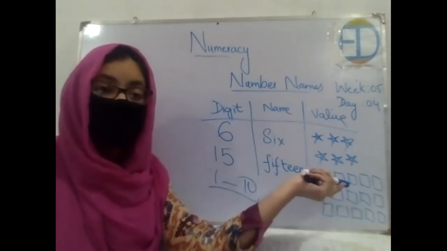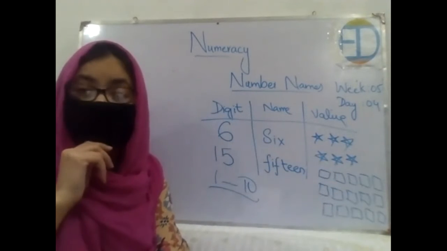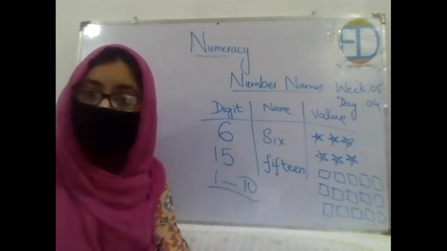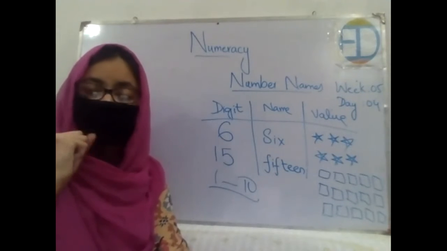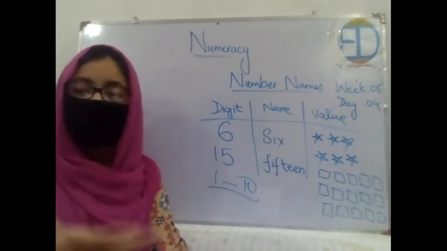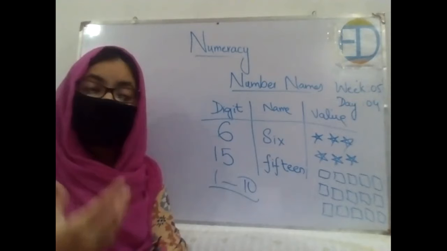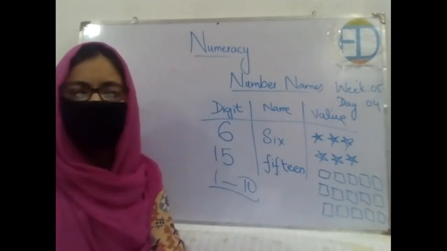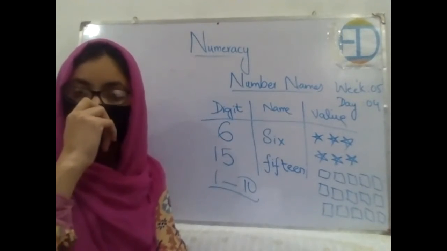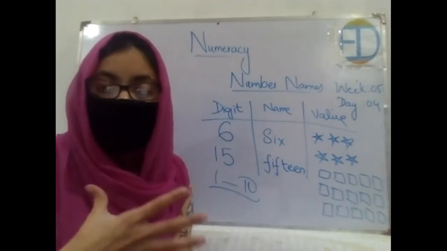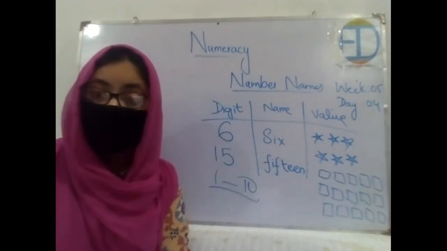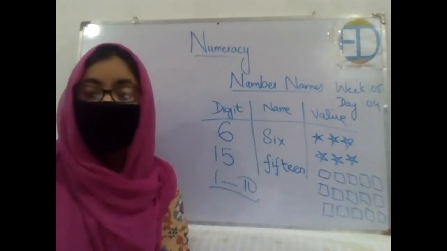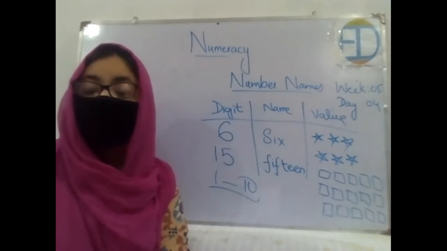And the third thing is what is the value attached to that particular number. Got it? The topic that we will be practicing in today's class is how we can write number names, right? All of you must have memorized number names till 10 and we will be learning the others together.